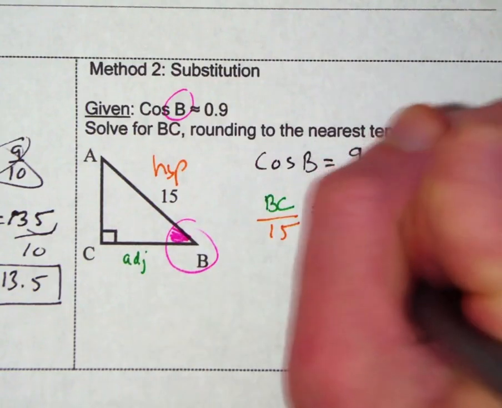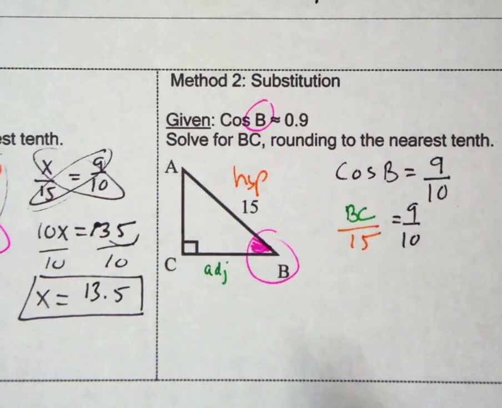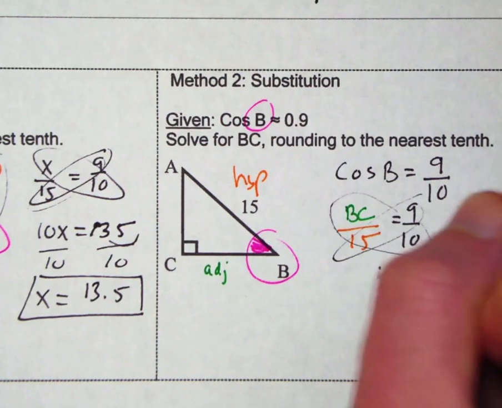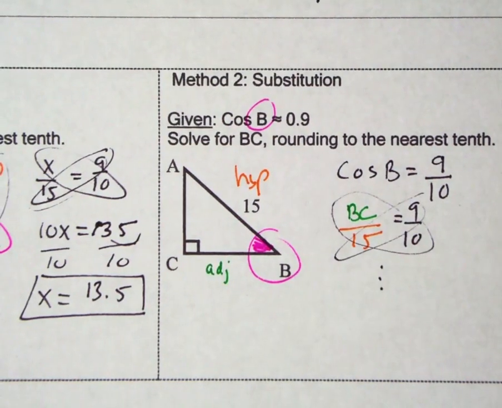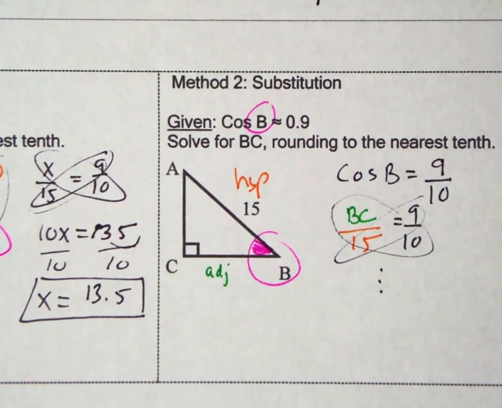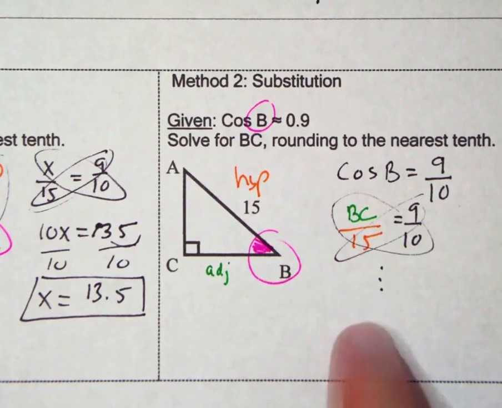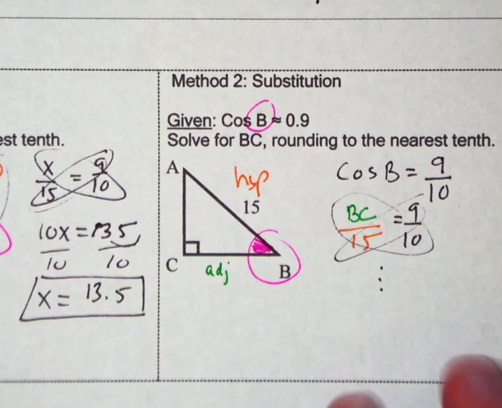And it's equal to 9 over 10. And so we have the exact same setup that we did over here, and we would just cross multiply and solve from there. So like tangent and sine, we're going to use cosine to find the missing side of a right triangle. This all works because of similar triangles. We're just going to set up a proportion, cross multiply, and solve.